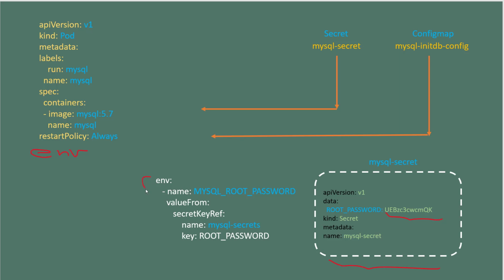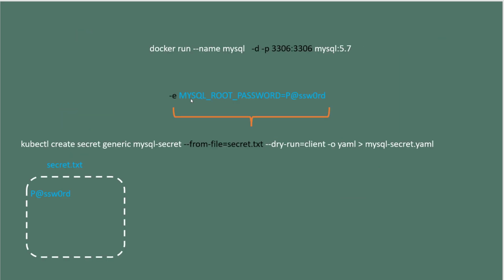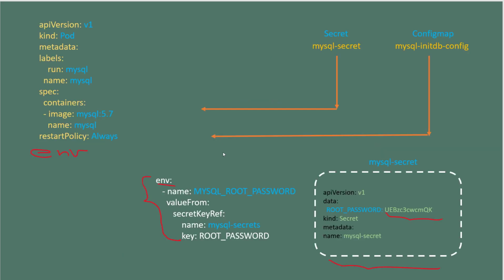By this section, we want to define an environment variable. What is the name of the environment variable, if you remember from here? This one. So we need to use this environment variable in the configuration. So name it this one.